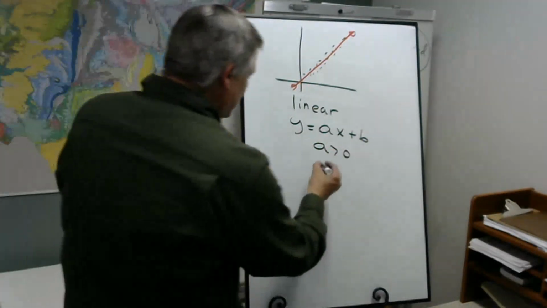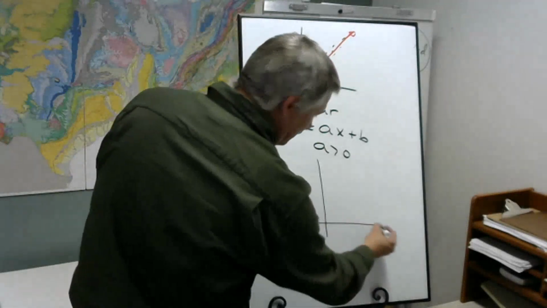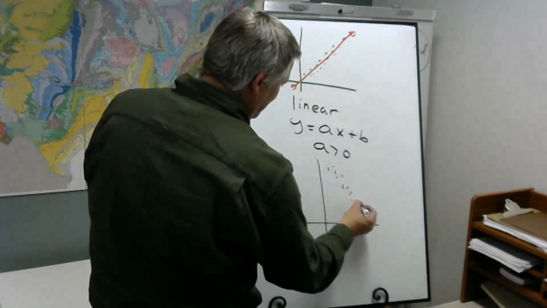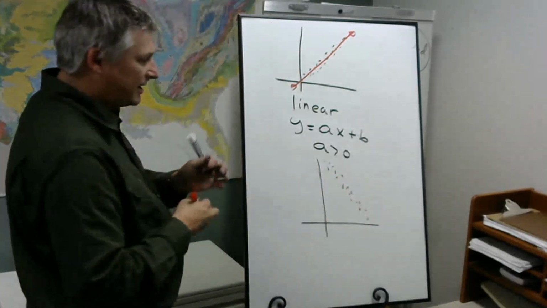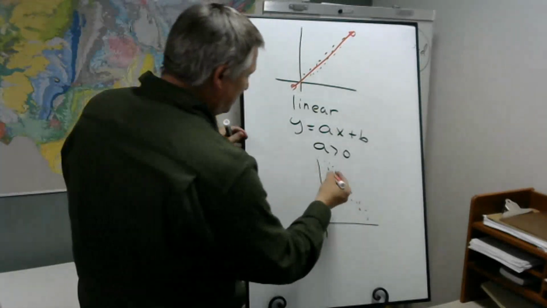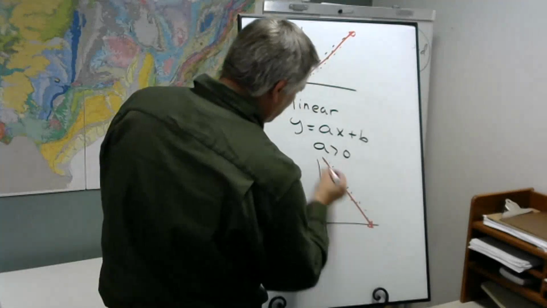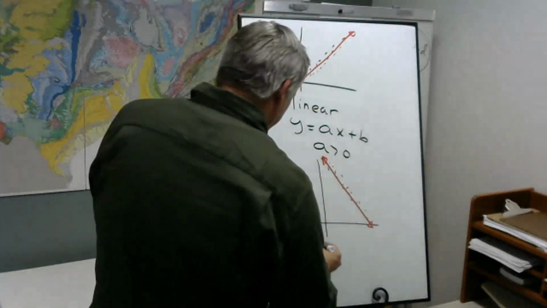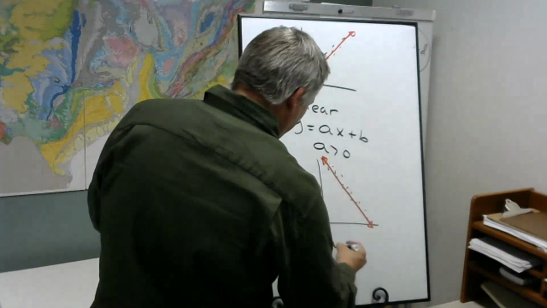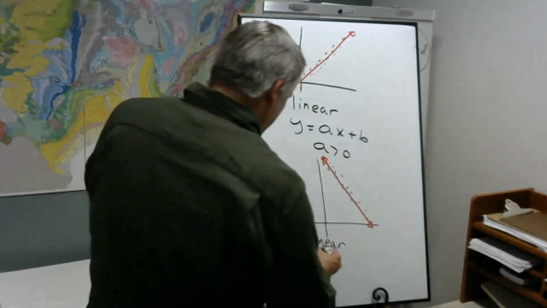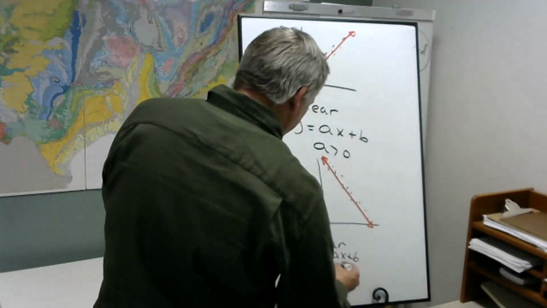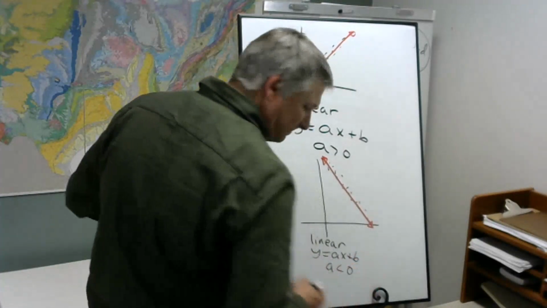Another linear model that we might consider, well, if our data does this, is the formula for a line that best passes through this data, best fits it. Again, we're dealing with linear because it's a line. And then y equals ax plus b for a less than 0.